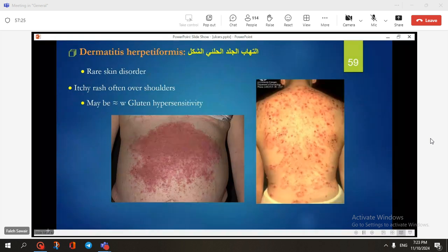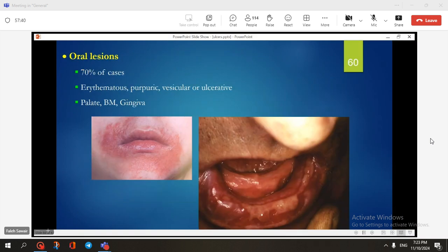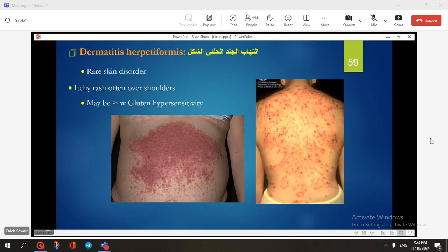And we have less common diseases like dermatitis herpetiformis. You have to see it because it mainly affects the skin, and the lesions resemble herpetiform ulcers. It is immune mediated and associated with gluten hypersensitivity.